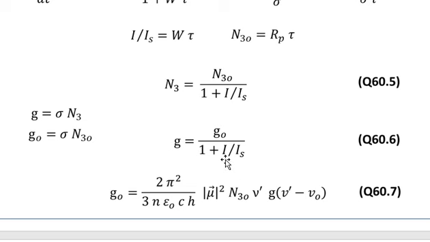But you know that for the case of a pulse, this I will be represented by I of t, and this G naught is actually given by 2 pi square over 3 n epsilon naught Ch multiplied by the absolute square of mu multiplied by N30 multiplied by nu prime and then multiplied by G of nu prime minus nu naught.